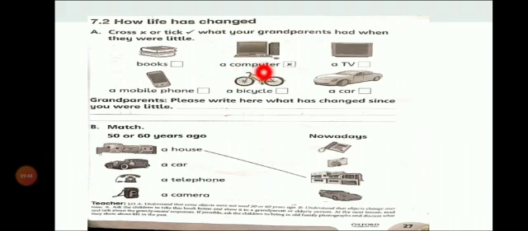This is a computer, and in front of it there is a block. So when your grandparents were little, did they have computers? No. So there is a cross. Please, your cross should be inside the block. Don't make a big cross that goes out of the block. Please do the work properly.